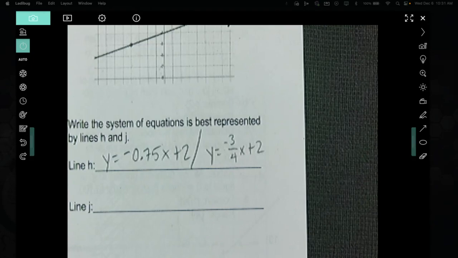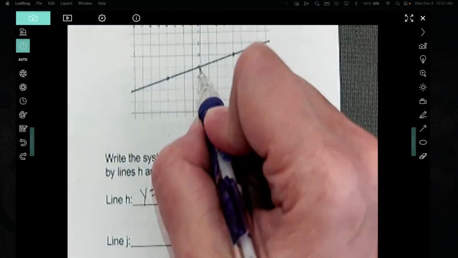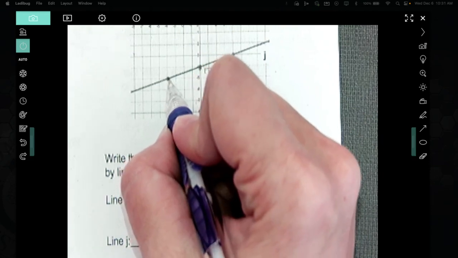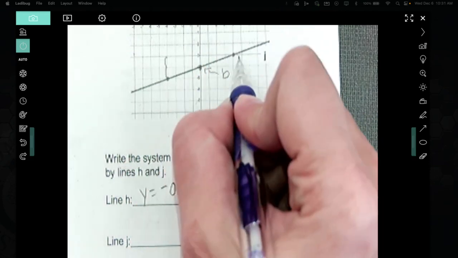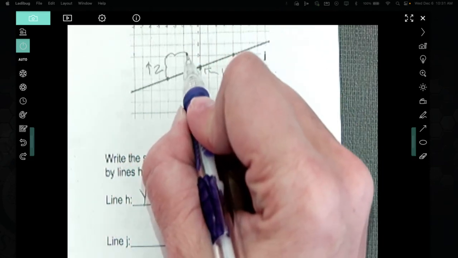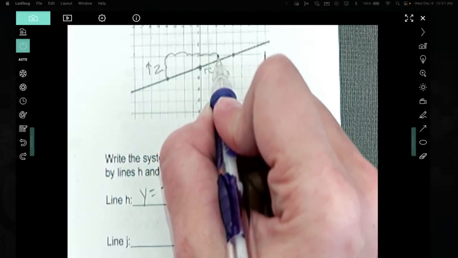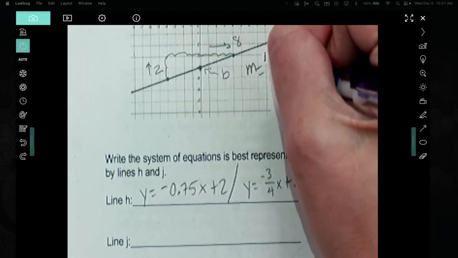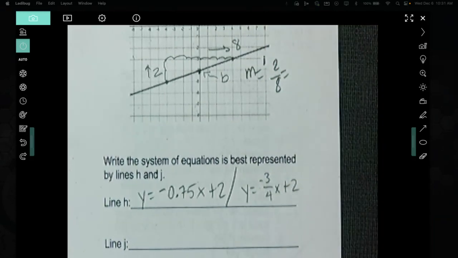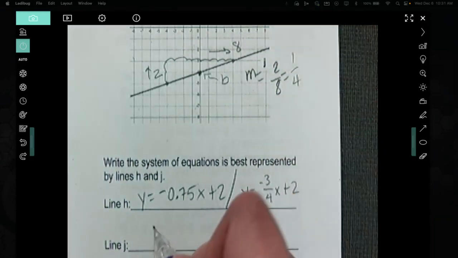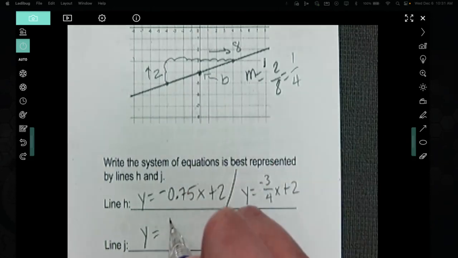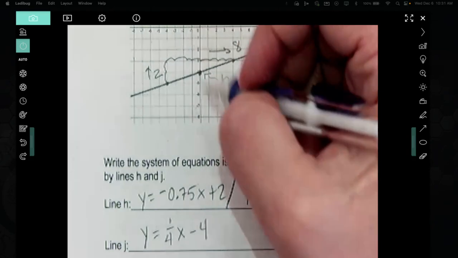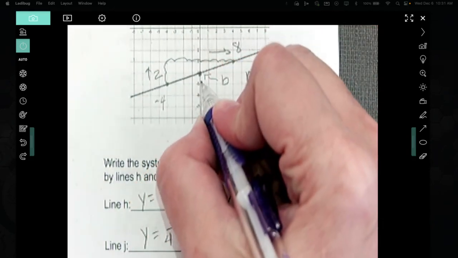For the graph, if you feel comfortable counting, rise over run, we could say rise to, because I've given you a dot. This is a positive. 1, 2, 3, 4, 5, 6, 7, 8. So my slope is 2/8. Again, simplify carefully. 1/4. My b is negative 4. You could put those coordinates into the calculator.